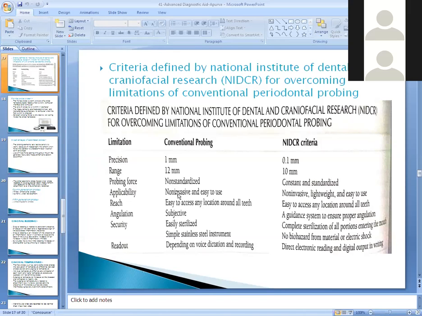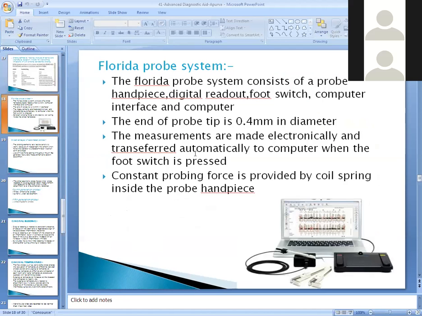Other than that, a disadvantage of this probing system is loss of tactile perception. Tactile perception means what? You will be able to insert with your tactile perception. You will feel resistance sometimes. That resistance may not be felt with these systems. Okay. So these are the different systems, that is Florida automated probe. Other than that, Mueller probe, then Toronto automated probe.